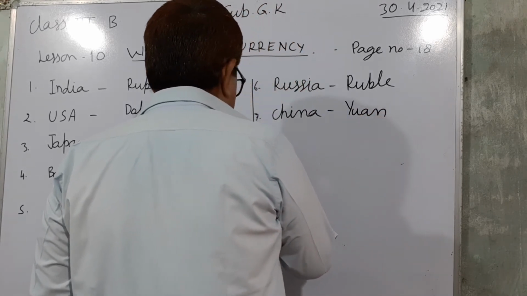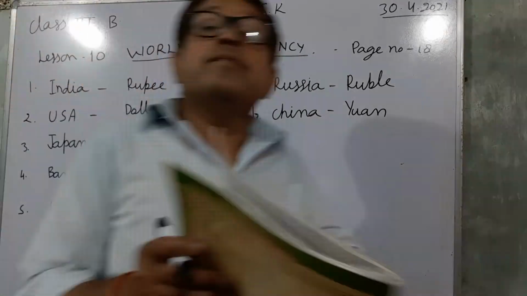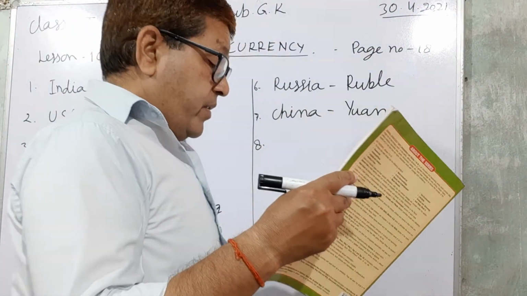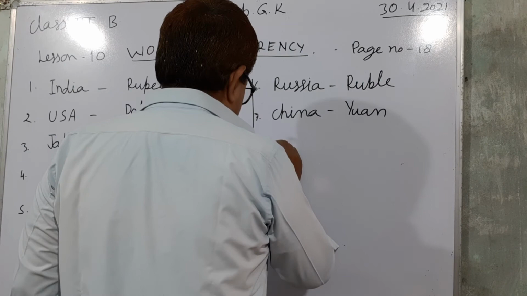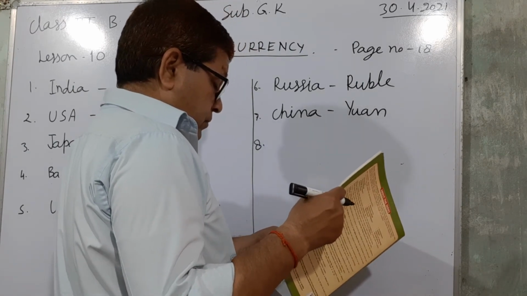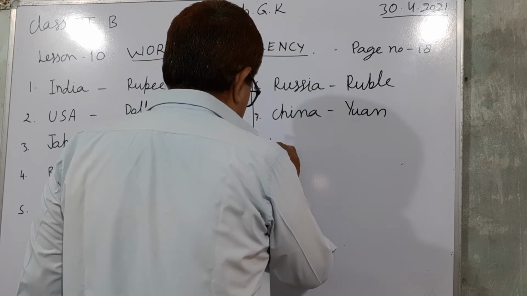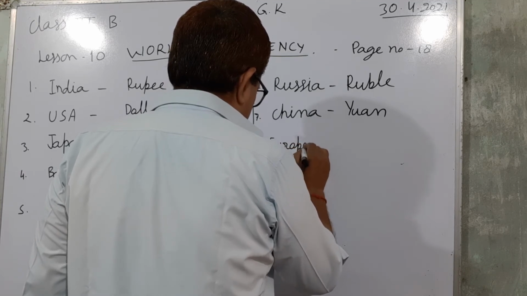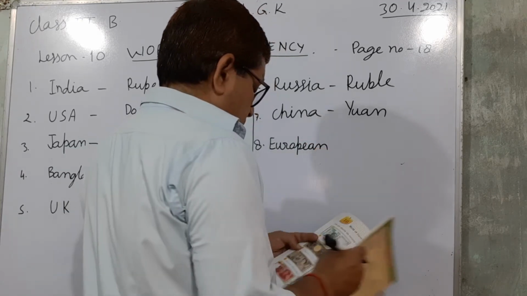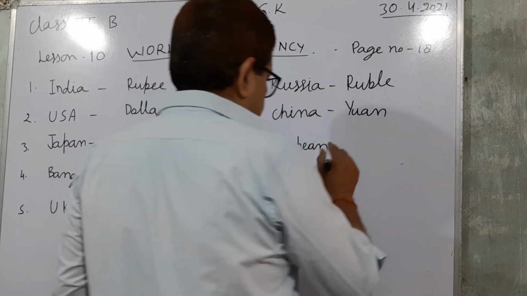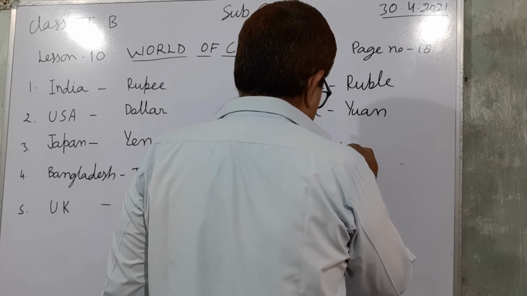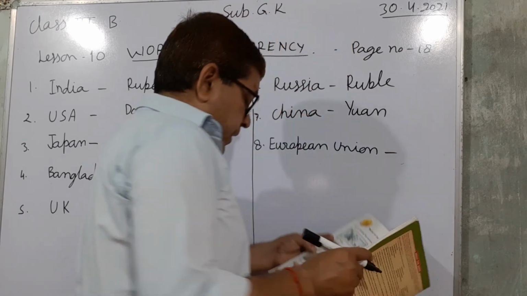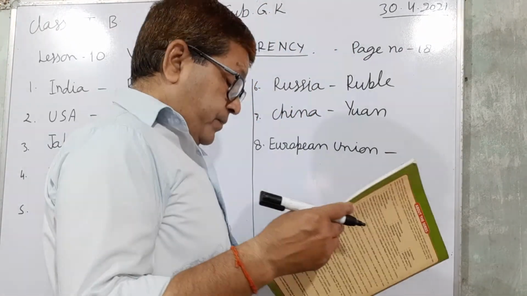Yuan, and its European Union. European Union. Its currency is euro.